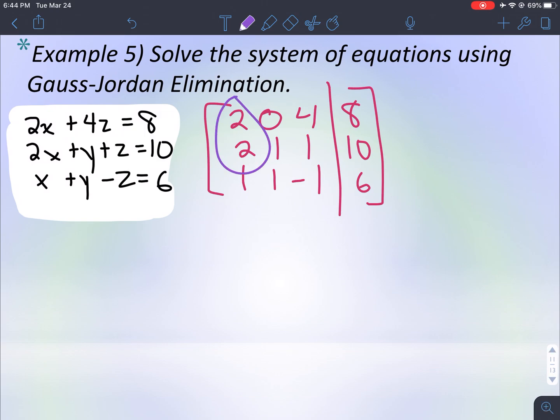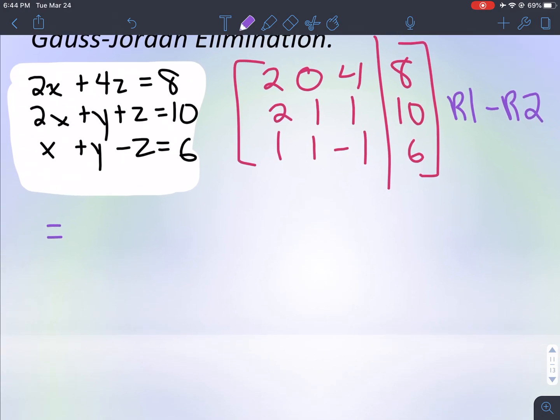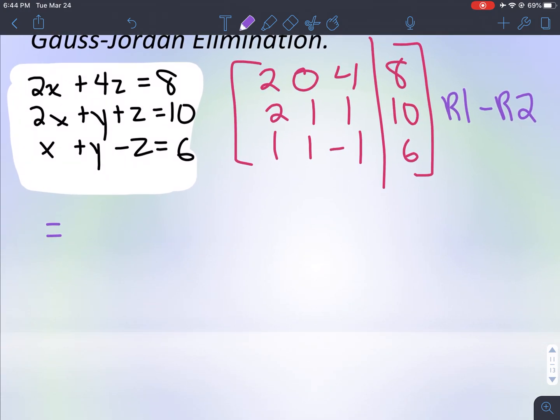Notice that I've got a 2 and a 2 here. So why don't I take row 1 minus row 2? That means my next matrix should be 2, 0, 4, 8, 0, -1, 3, -2, 1, 1, -1, 6.